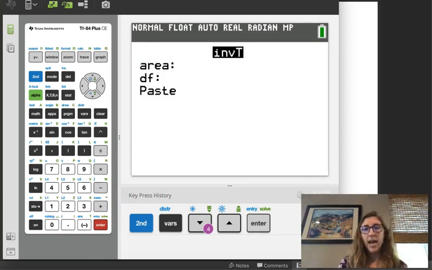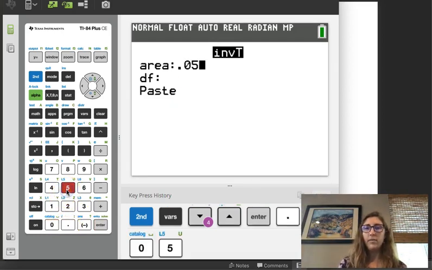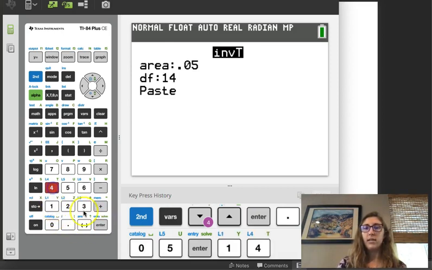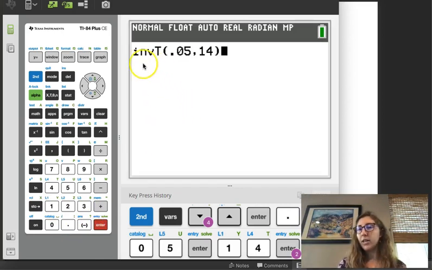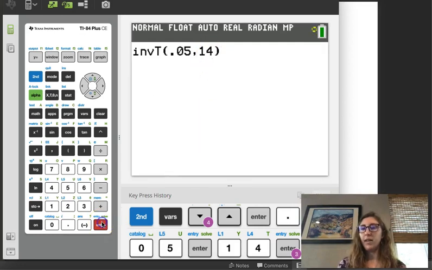We said that area in the tail was 0.05, and we had 14 degrees of freedom. In other calculators, you may need to type it in this way: your inv-t with your area to the left, and then a comma and your degrees of freedom.